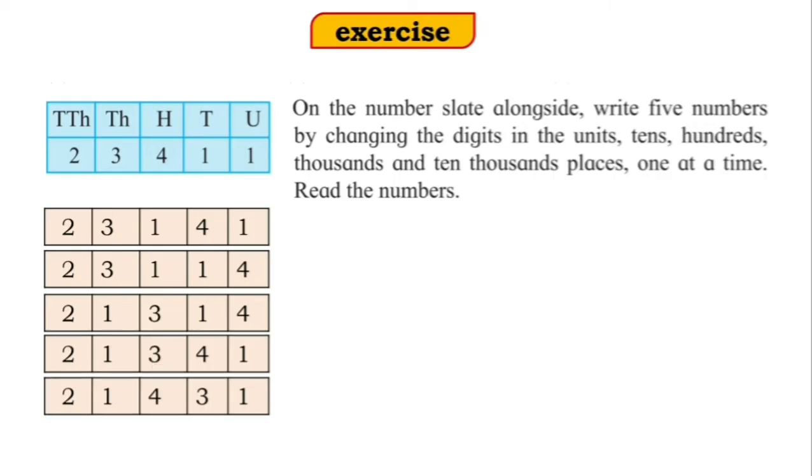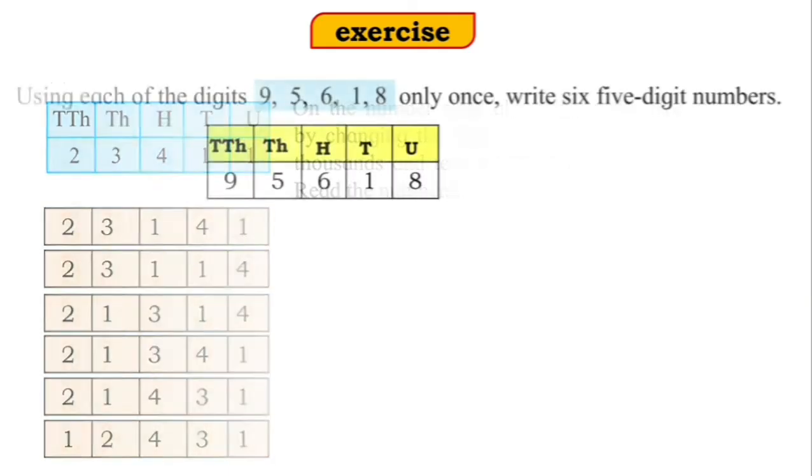21,431. Now let us interchange the 10,000s place and thousands place. So the new number will be 12,431, that is 12,431.